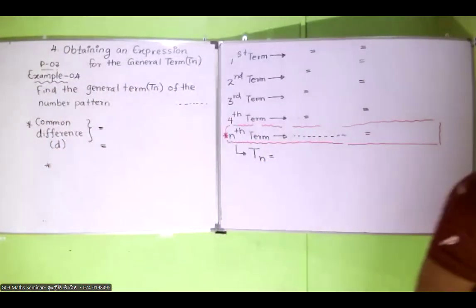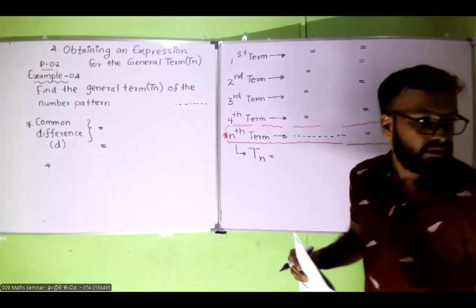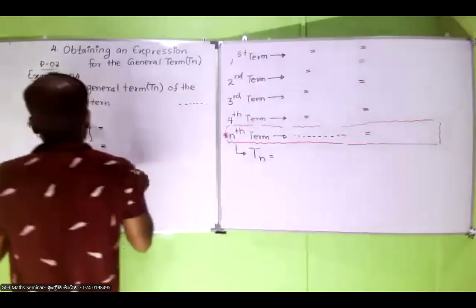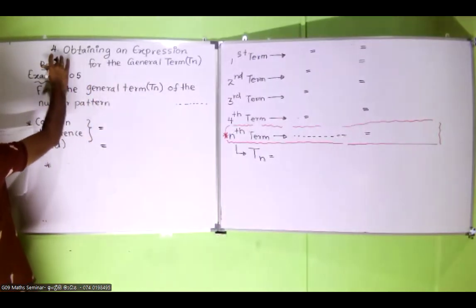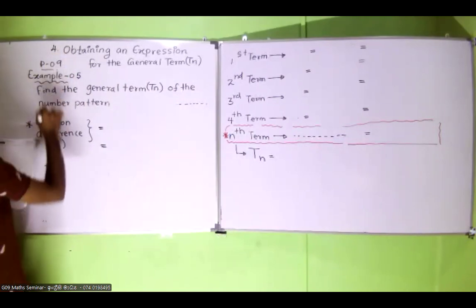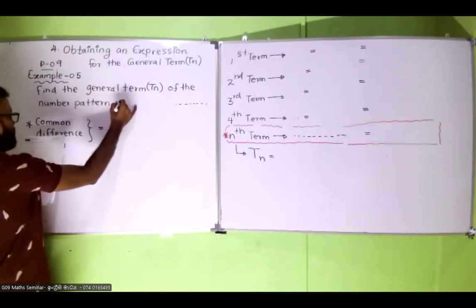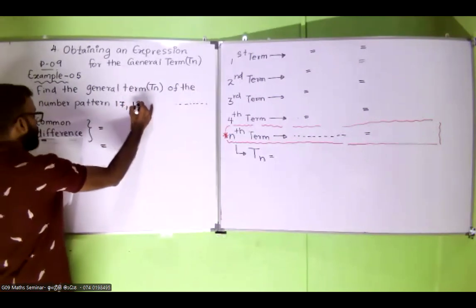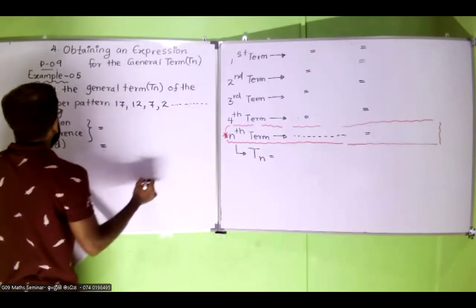Right, so example number 5, page number 9. Find the general term of the number pattern 17, 12, 7, 2.